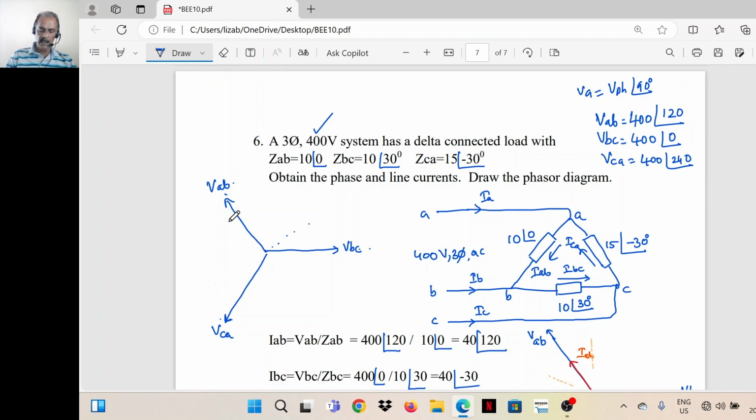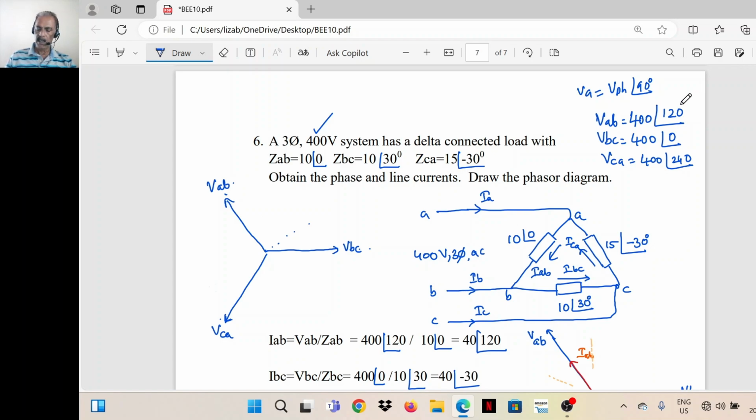So now these are the line voltages. Which are the phase voltages? It's a delta connected load. So the current in this impedance, IAB, the impedance connected between terminals A and B, is equal to VAB divided by ZAB.